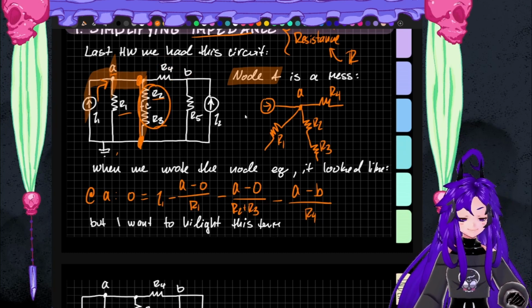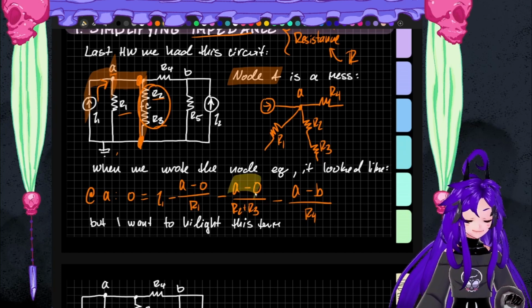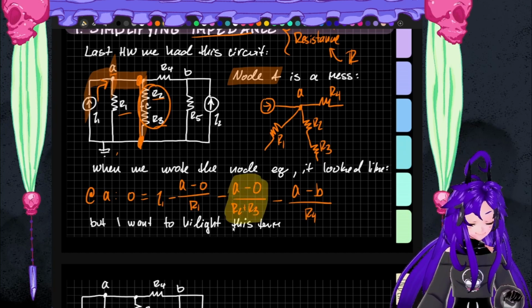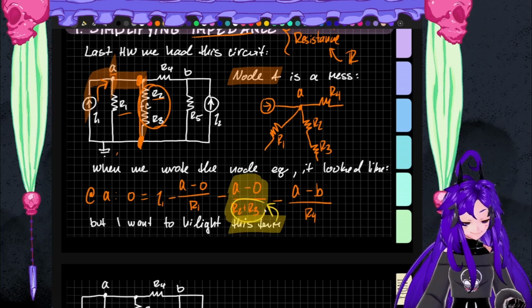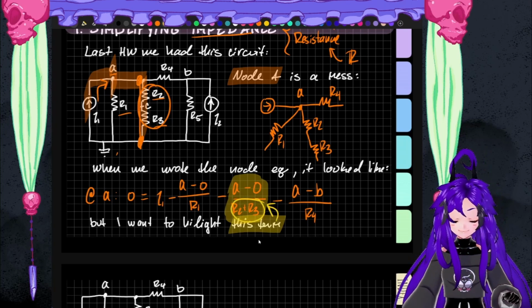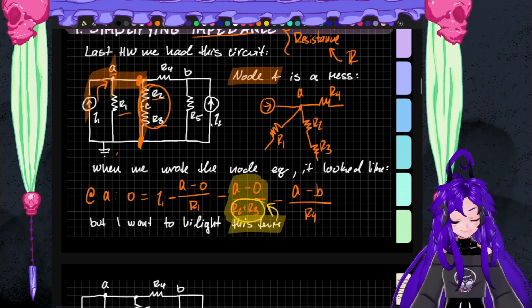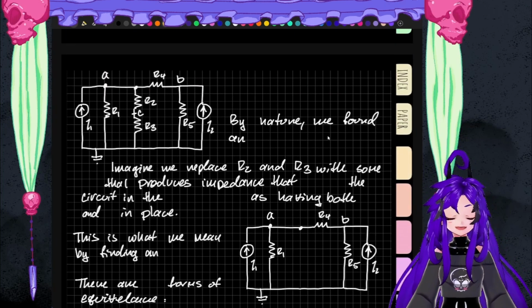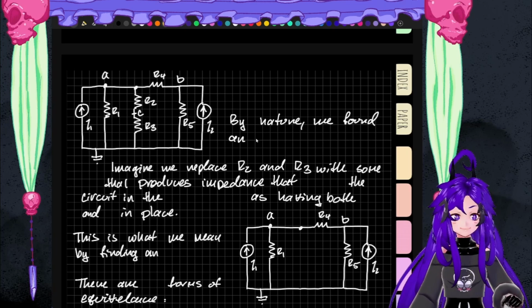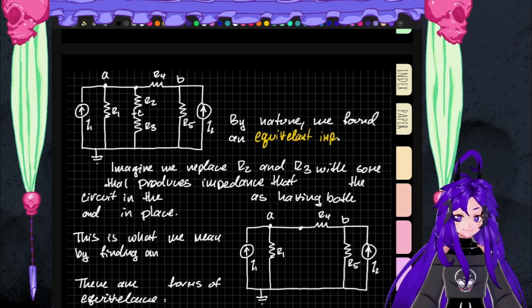So the trick here, I want to bring attention to this term. Specifically here, you've already done an equivalent resistance. By nature, we had to find equivalent impedance.